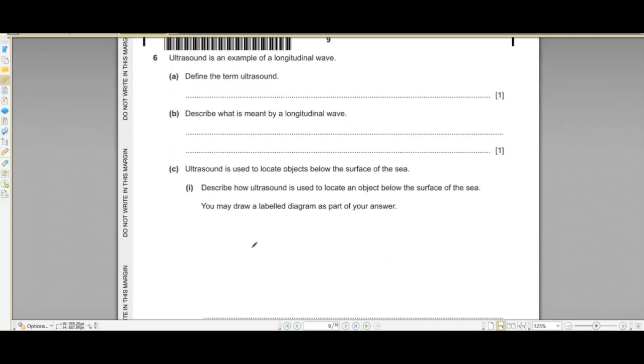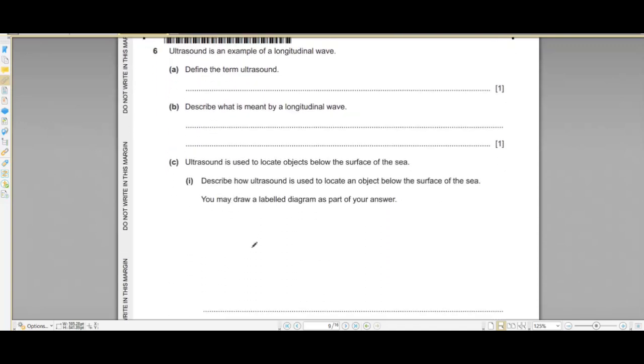Okay, question number 6. Ultrasound is an example of longitudinal wave. Yes, obviously it's a sound wave. Define the term ultrasound. Okay. Any sound which has a frequency of more than 20,000 hertz, that is a limit that humans can hear, is defined or termed as ultrasound.